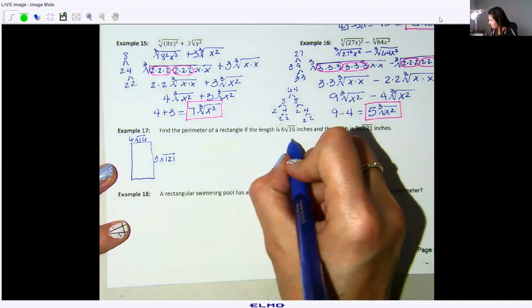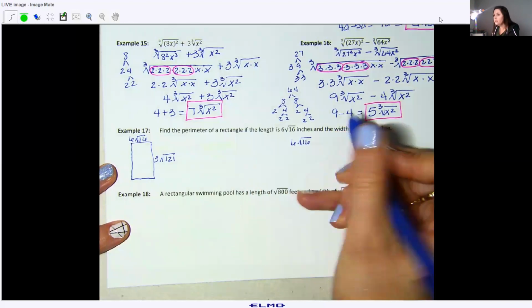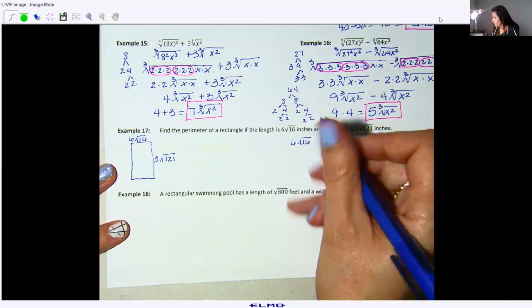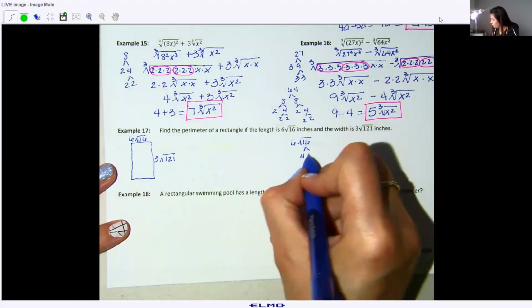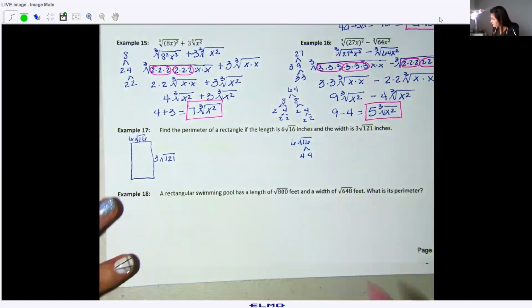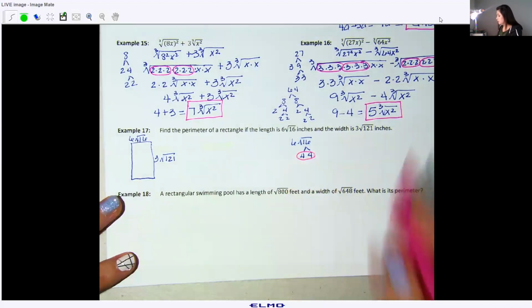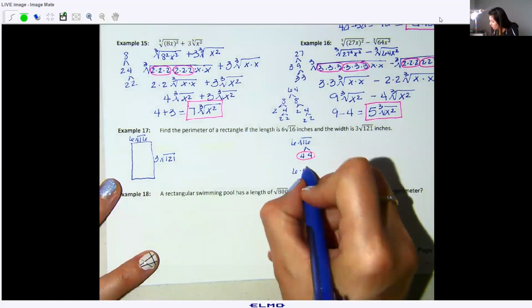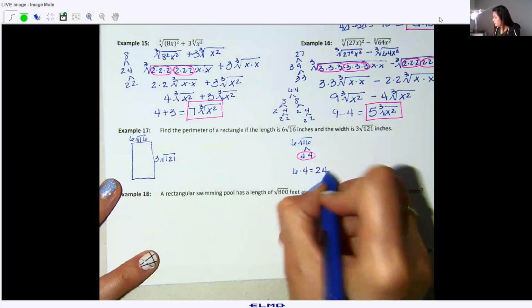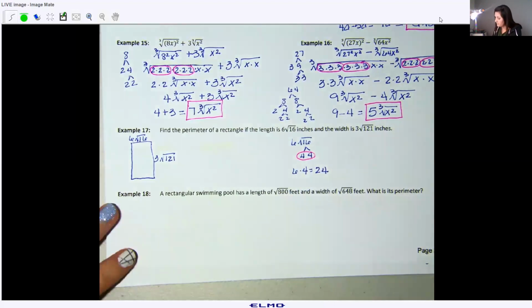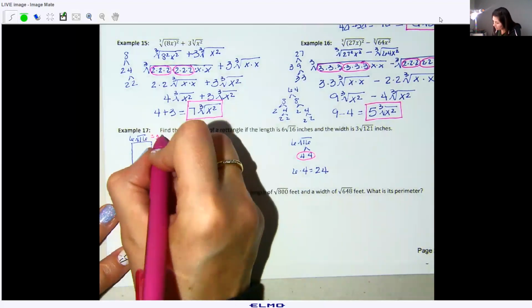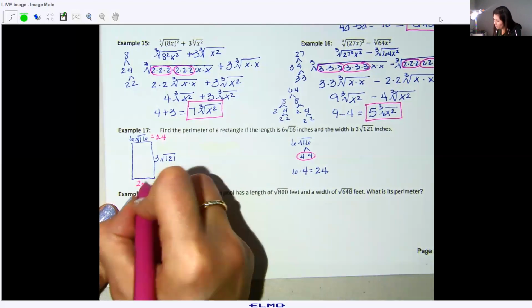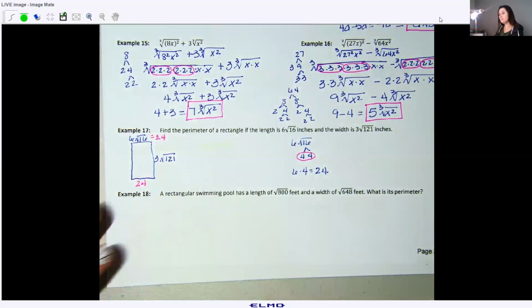So first we have 6 square root of 16, and I know that the square root of 16 is 4 because 4 times 4 gives you 16, like this. So I just pull that 4 out and I have 6 times 4, which is 24. So I know that this one is 24, which means that this is also 24. Okay.